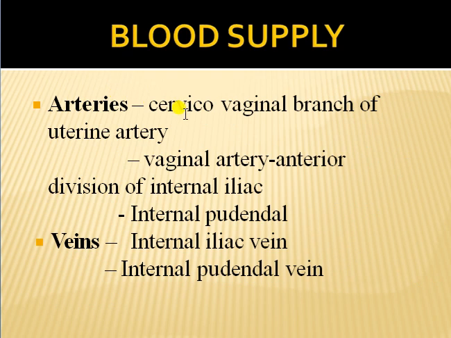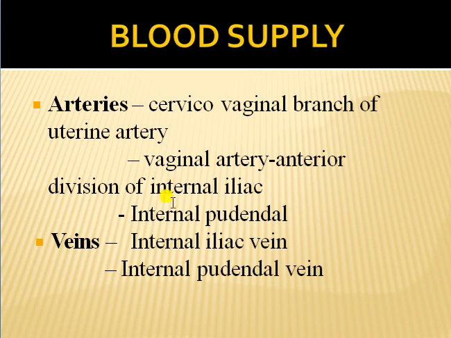So blood supply we already studied. The cervical one we studied, but this is internal, that is external. So the cervico-vaginal branch of the uterine artery is present, and the vaginal artery. These are divided into internal iliac and internal pudendal arteries, and veins, internal iliac vein and internal pudendal vein.